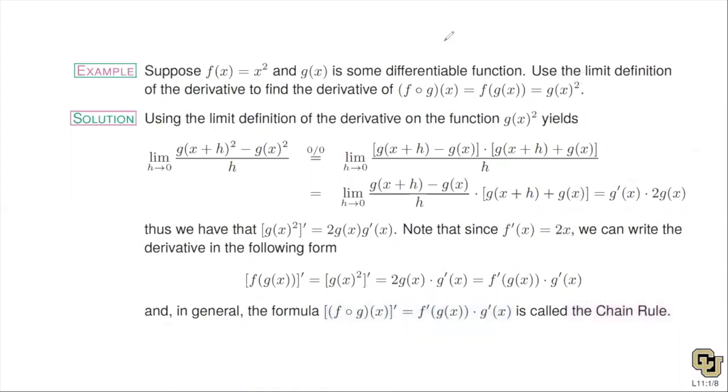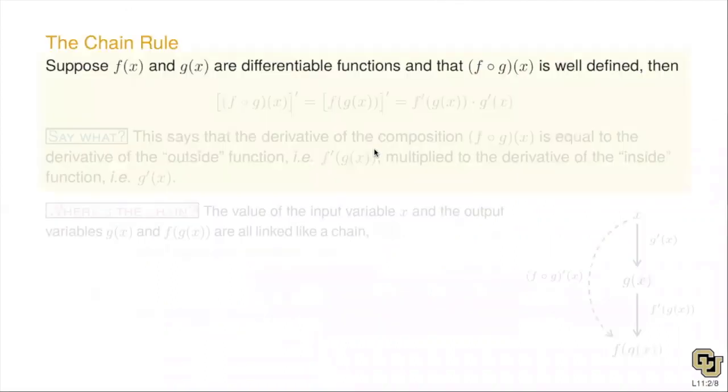So this is not a random formula, and of course it can be proven rigorously, and I'm not going to go into the proof, but I wanted to do that example to motivate the formula, just to show you it's not coming out of nowhere.